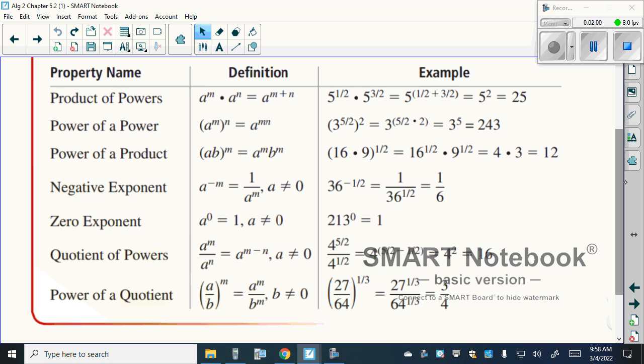Our next property is negative exponents. It really just says a to the negative n is 1 over a to the n. And we can go the other direction too, in that if the exponent is negative in the denominator, we can move it to the numerator.